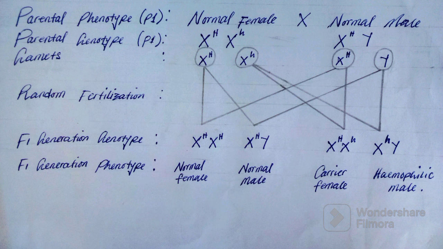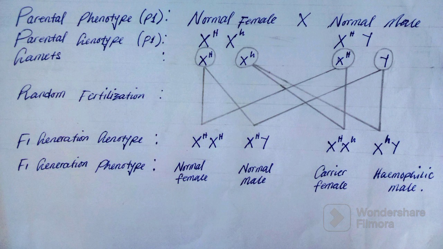So you do the crossing. You cross the first allele of the normal female with the first allele of the normal male, and the first allele of the normal female must be crossed again with the second allele of the normal male.